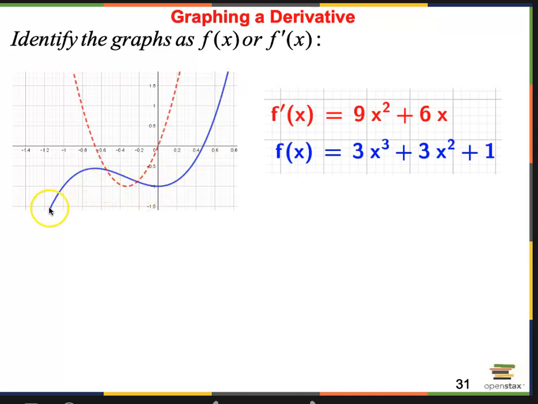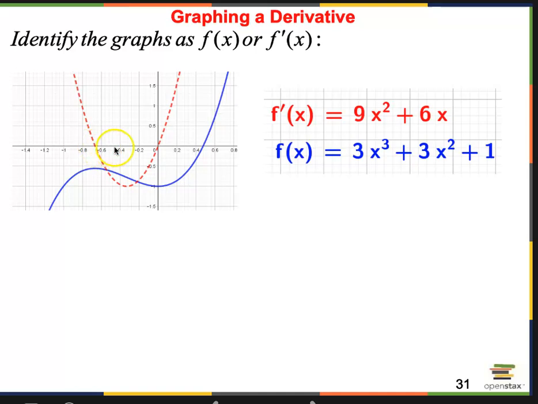Well, look at our derivative as we get to, let's say, about this point right here. Notice the original function is increasing and our derivative is above the x-axis. Here's our x-axis. Then our original function decreases till we get to here.